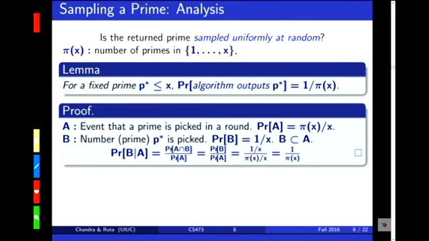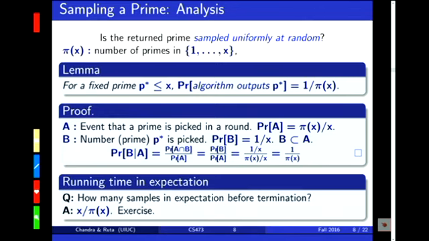Questions? And the running time, that is, how many samples do I have to make in expectation before I find a prime? What is the probability that I find a prime in the first go, in the first round?